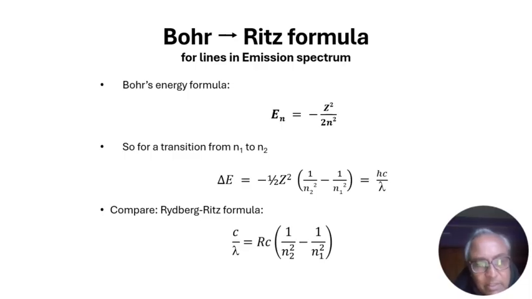Compare this with the Rayleigh-Ritz formula: c by lambda equals Rc into 1 upon n2 squared minus 1 upon n1 squared. So using this formula, Bohr was able to calculate a numerical value of the Rydberg constant R. Okay.